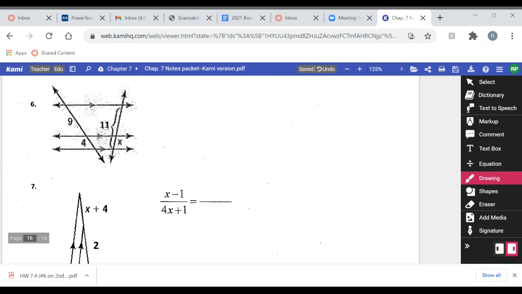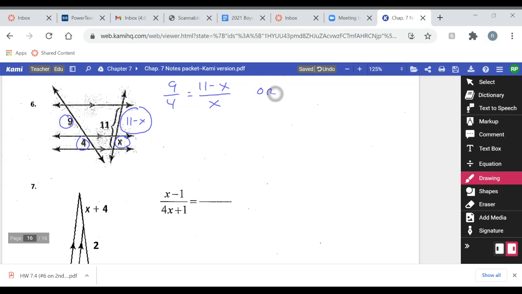If I do the first way I mentioned earlier, I would say 9 over 4 equals, now I don't know what this top piece is, but if I look at my picture, I know that I can label it 11 minus x over the bottom piece, which is x.